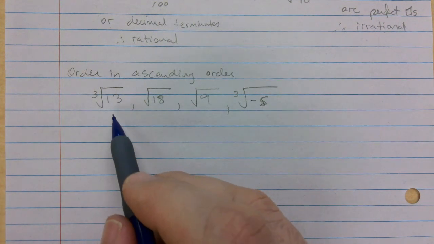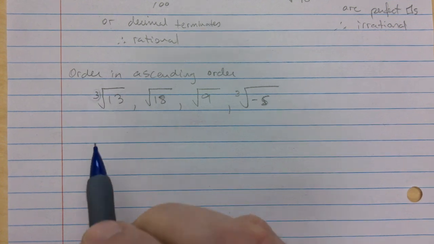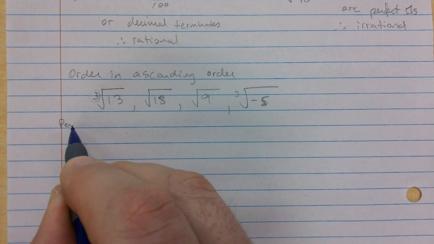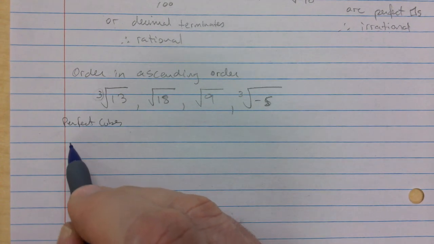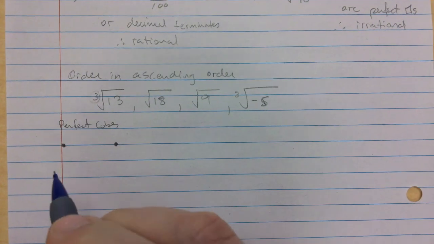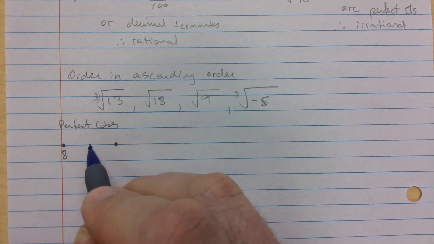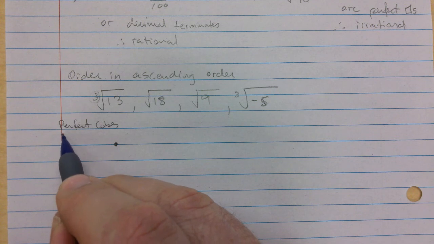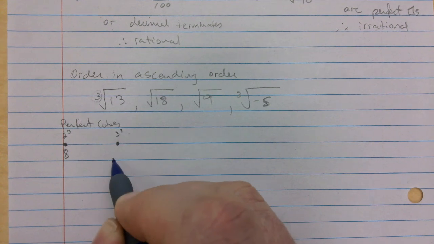All right, so what I do is I look at the index, right? And so this one you're looking for perfect cubes close to it. The perfect cubes closest would be 2 times 2 times 2, so 2 cubed would give me 8, and 3, which is next on the number line, 3 cubed would give me 27.